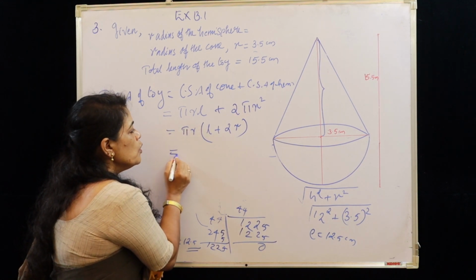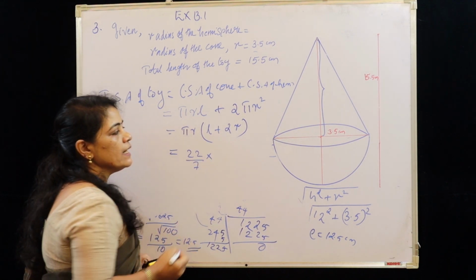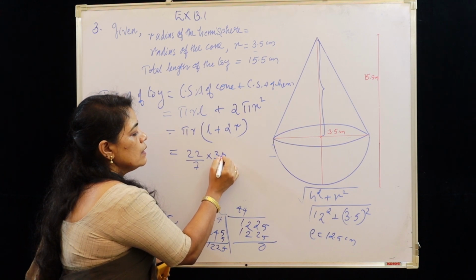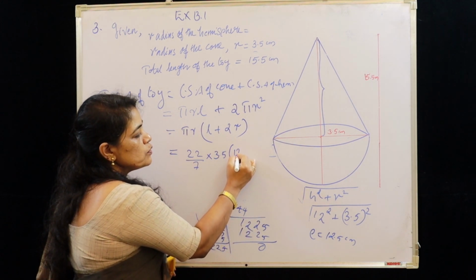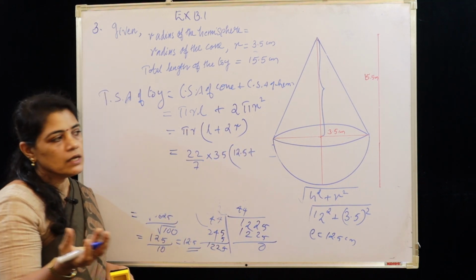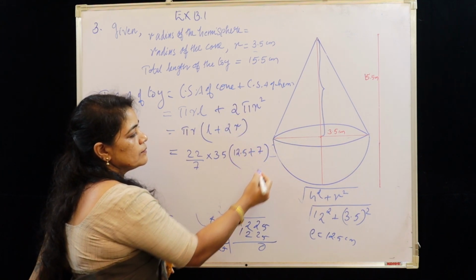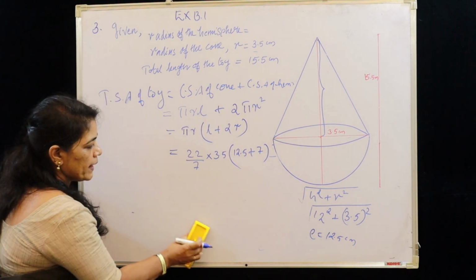So 22 by 7 for pi, and the radius equal to 3.5, that is common, into the slant height we have seen, 12.5, plus 2R, that means the diameter, right? So 3.5 into 2, that is 7. These are the numbers that come in the bracket.